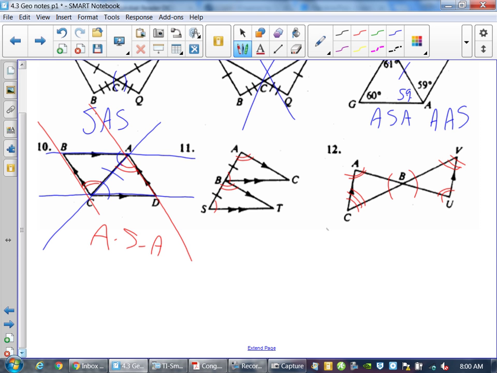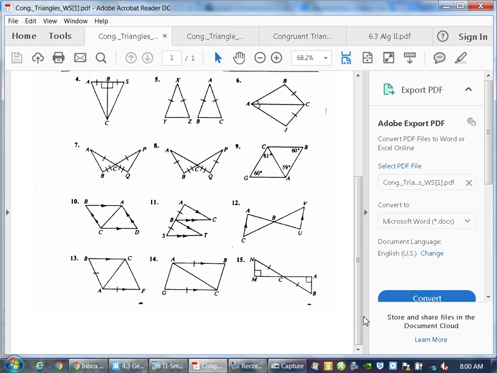No. So this one cannot be shown to be congruent because we don't have something in our alphabet soup called angle, angle, angle. Those two triangles in about a month will be called similar. We'll have common factors and ratios, and we will come back to this diagram and do that one later with scale factor. It's just cross multiplying the fractions. It's not really difficult. That one has nothing, correct?